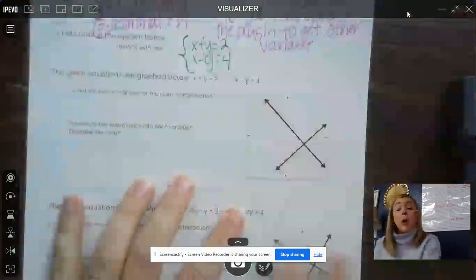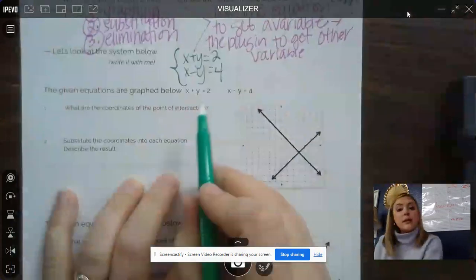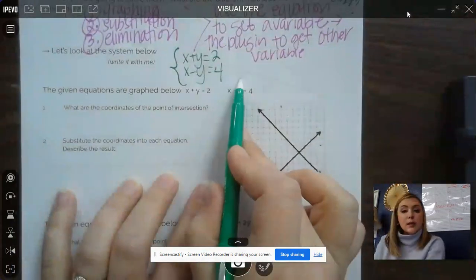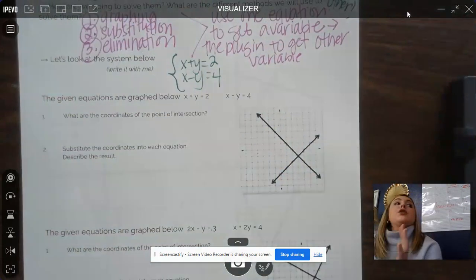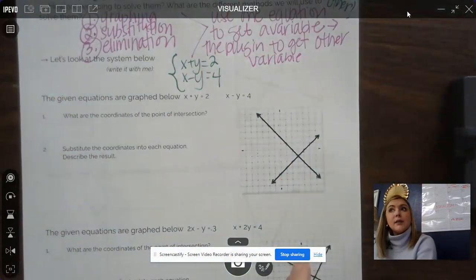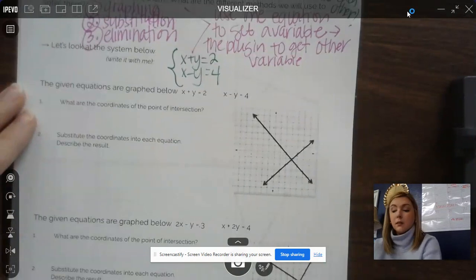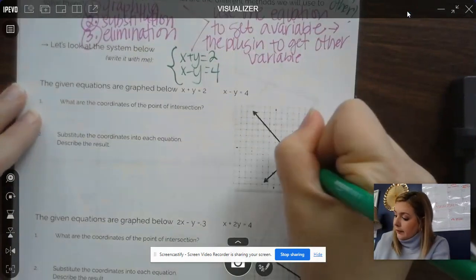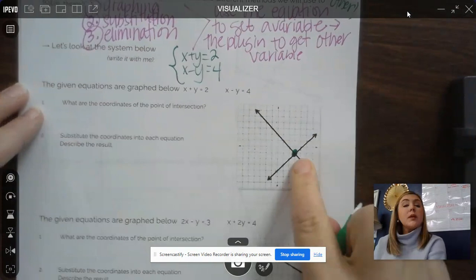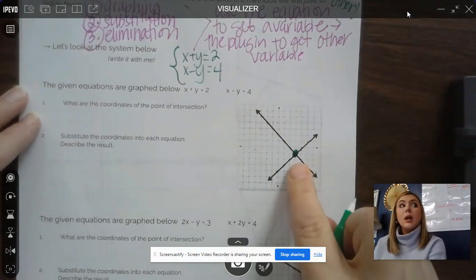This equation, this problem right here. If you notice, these two equations have been already turned into y-intercept form and were graphed. Okay, here's the big kicker. Ready? Get one of your colors. This right here. This is what we're solving for every time.